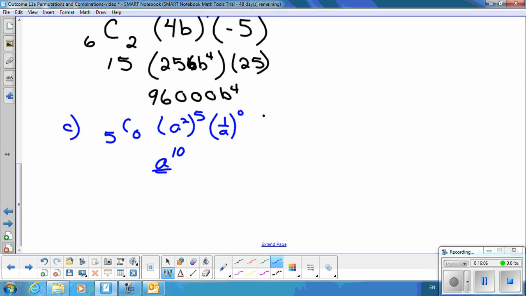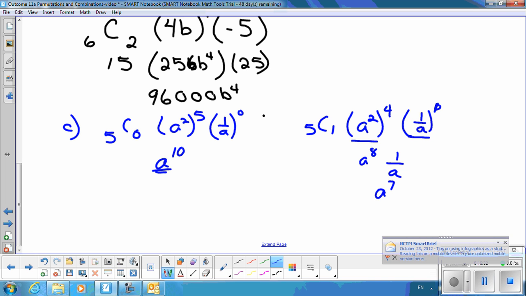So the first term would include a to the power of 10. Let's look at the second term. The second term would be 5c1, a squared to the power of 4, times 1 over a to the power of 1. So from this part, we end up with a to the power of 8. From this part, we end up with 1 over a, and so we end up with a to the power of 7.